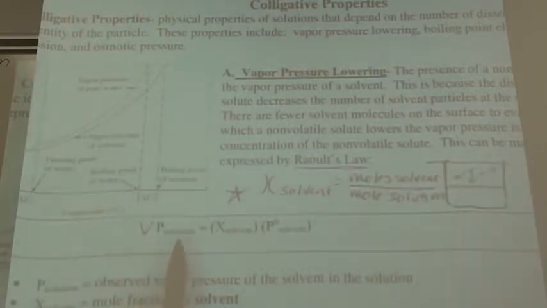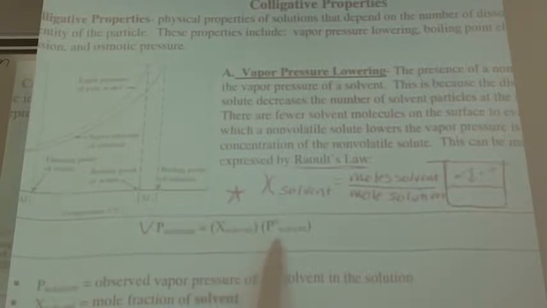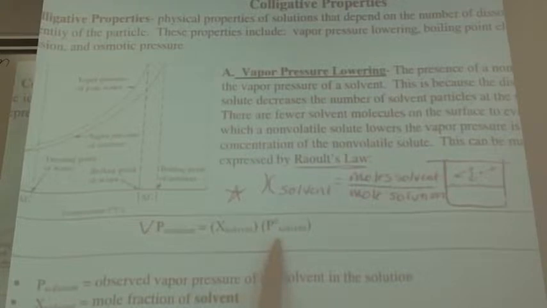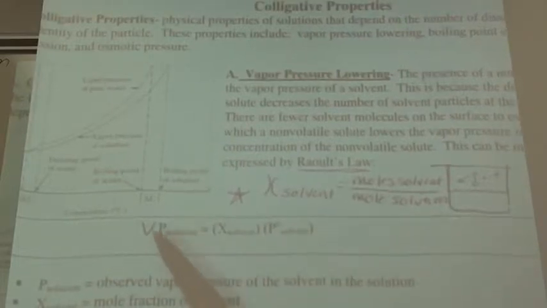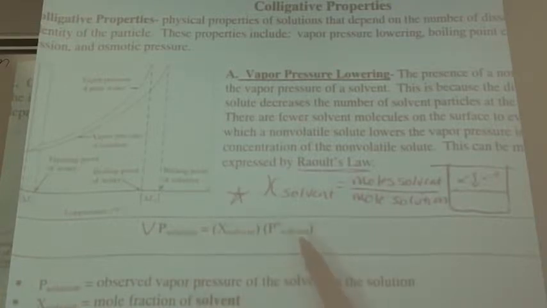So if we were talking about a non-volatile solute like salt added to a solvent water, depending on how much salt you added, it would lower the vapor pressure of the solvent water.